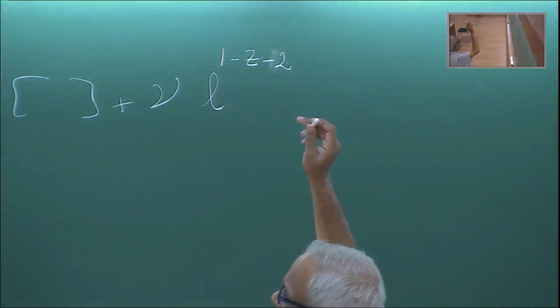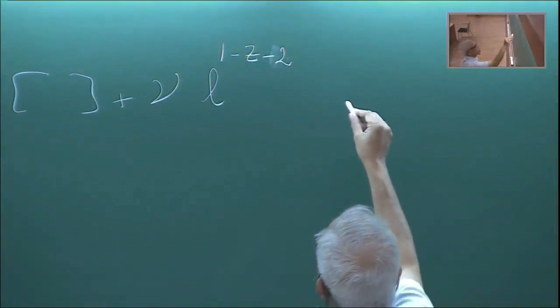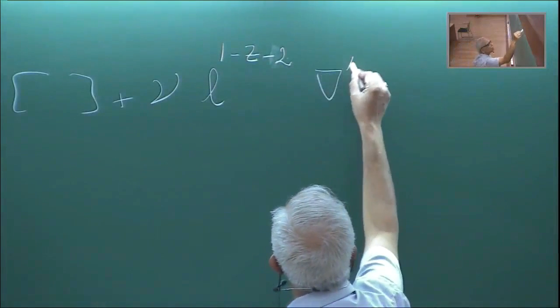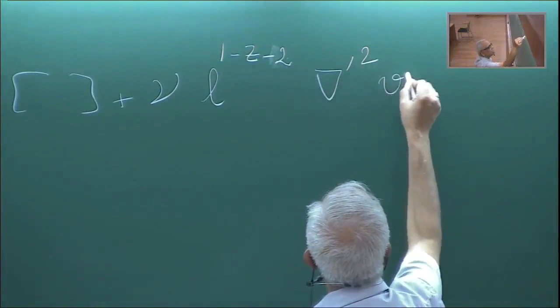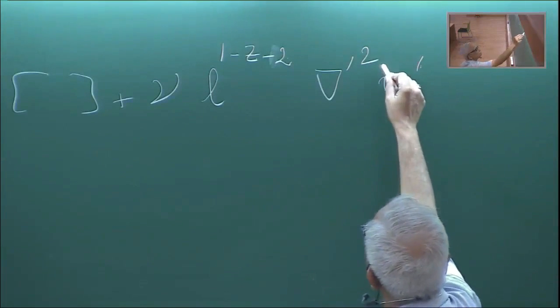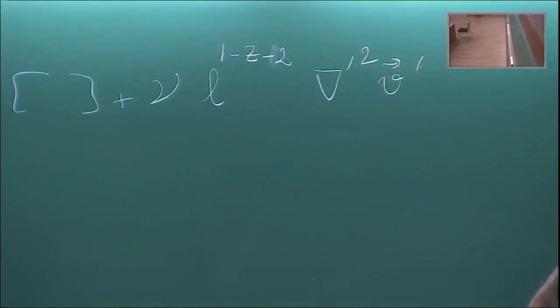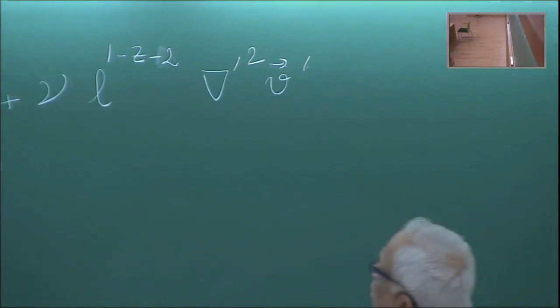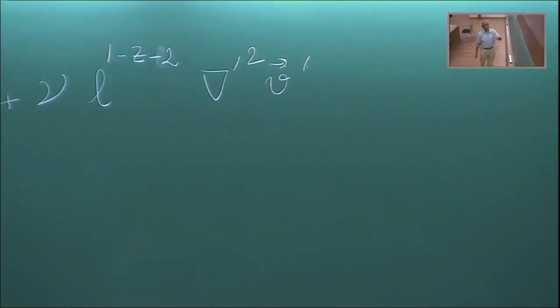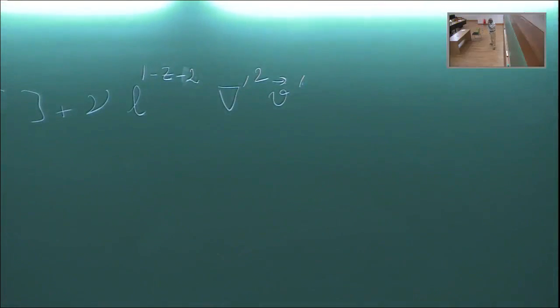And 1 minus z minus 2 del prime square V prime, right? So this is the way things are. So what happened? Yeah, all right. So this is minus 1 minus z and this.